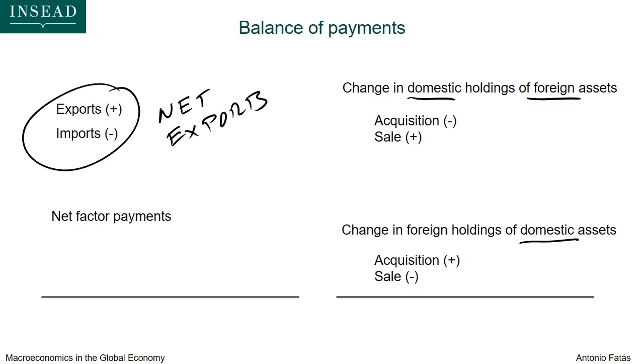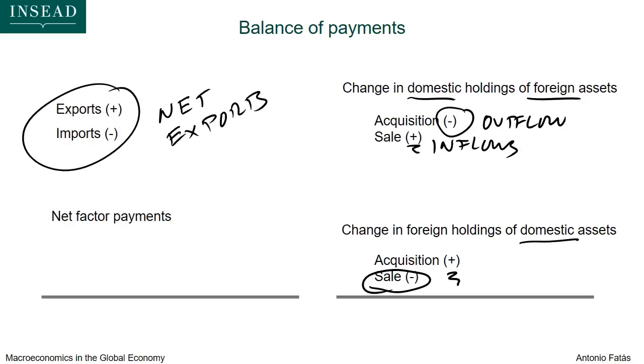If our investors buy foreign assets, we're going to call it an outflow, and as such, we're going to put a minus sign in the recording of the balance of payments. An outflow is also the sale of foreign investors holding our assets. So when the foreign investors sell our assets, this is an outflow of capital from our country, and as such will have a minus sign. Now the flows that go in opposite directions will have a plus sign, and of course this will be inflows of capital to our country.